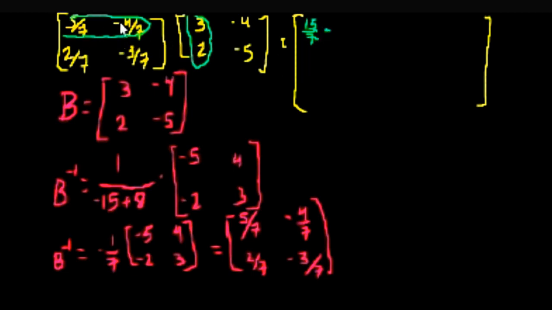Let me make sure that's right. 5 times 3 is 15/7. Minus 4 times 2 is minus 8/7. Now we're going to multiply this row times this column.